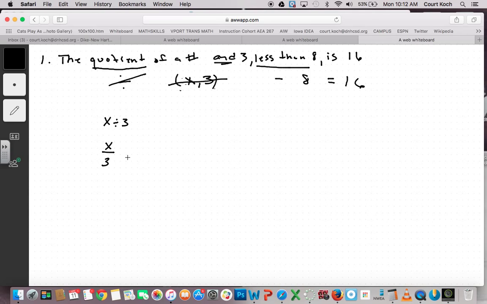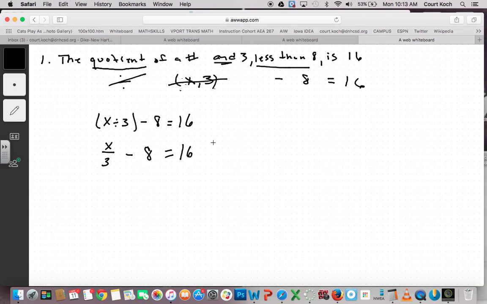Is less than 8, which equals 16. Here I put parentheses around it to show the problem solver that you'd have to deal with this first and then the 8. Okay, we still honor those order of operations.